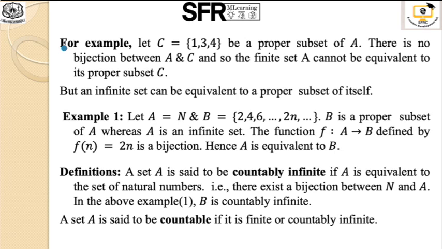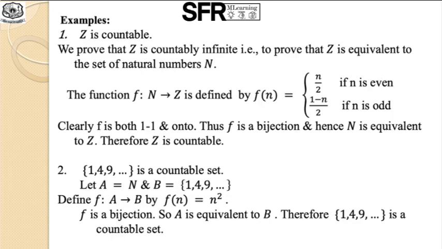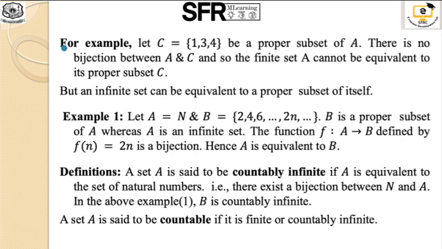But you can take an infinite set, any infinite set, and it can be equivalent to a proper subset of itself. Let us see an example. Take an infinite set, the set of all natural numbers, A = N, and take a proper subset, which is also infinite: B = {2, 4, 6, ...}, the set of all even integers.